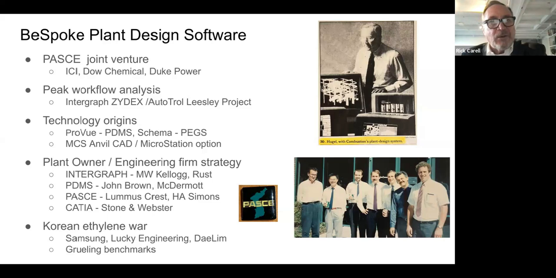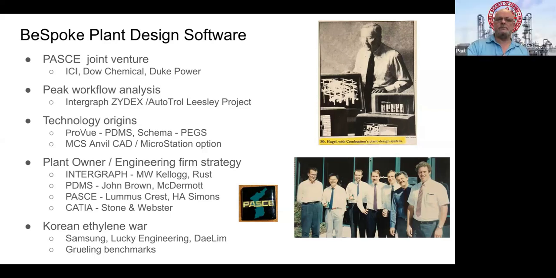So the English word for custom is bespoke. You have bespoke software, which is custom software, or a bespoke tailor, a handmade suit. And so PACE was sort of a bespoke joint venture between ICI, Dow Chemical, and Duke Power. I think ICI had developed the ProView software, which was very similar to PDMS.